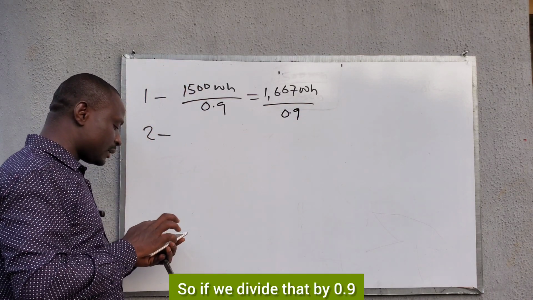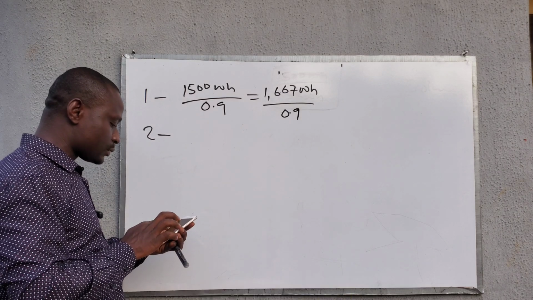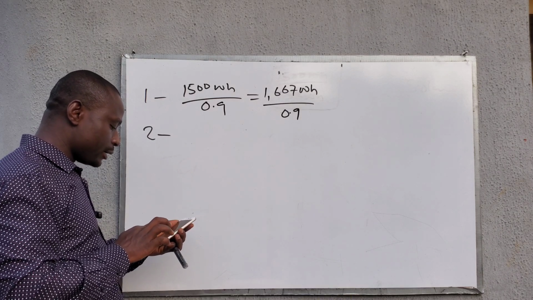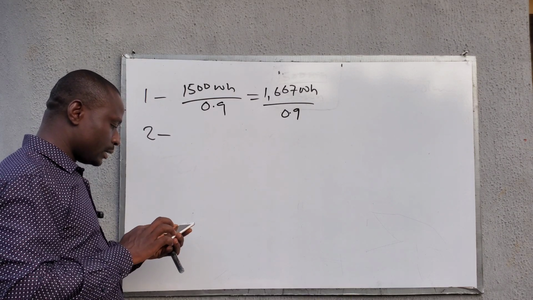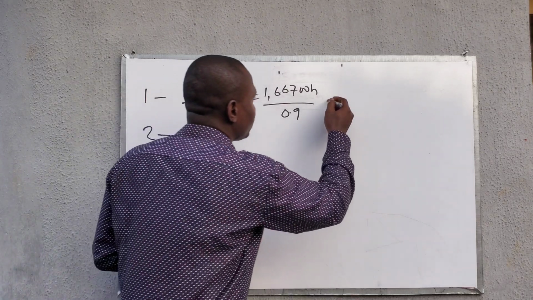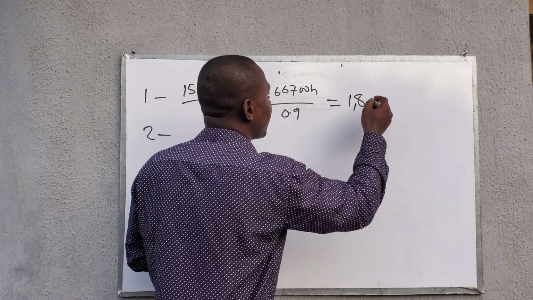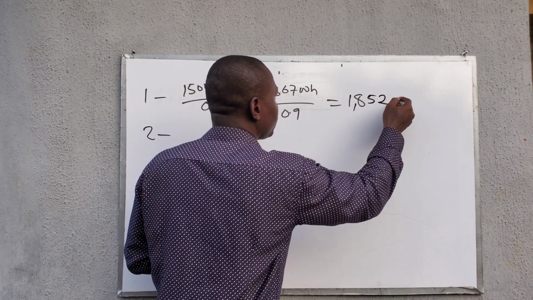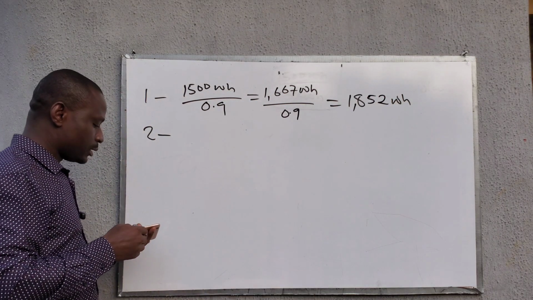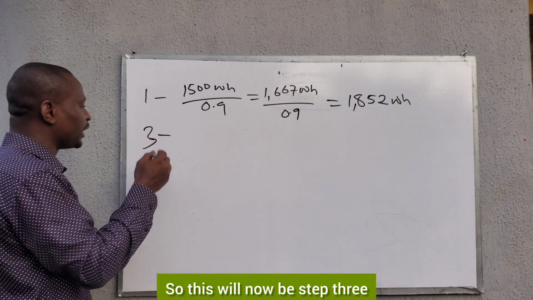So if we divide that by 0.9, that is 1,667 divided by 0.9. This will give us 1,852 watt hour.